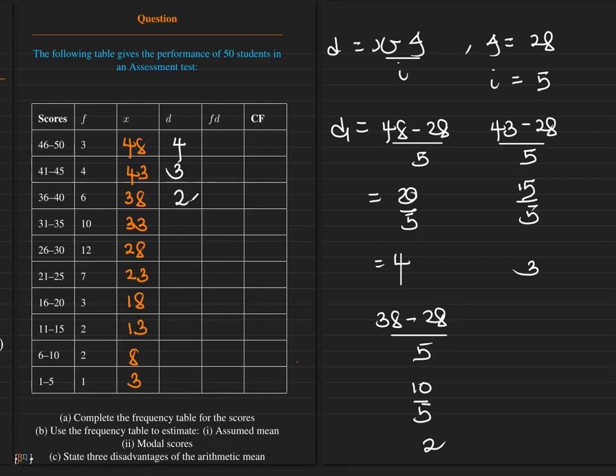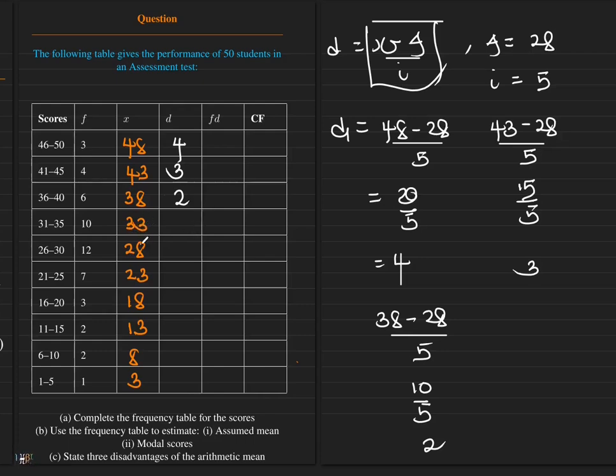So you put the 2 here. So this is how you work for all of them. Take note of this formula: the x value, minus the assumed mean, then you divide it by the class width. So I'm going to complete the rest, and you would have to take your time and fill them out.